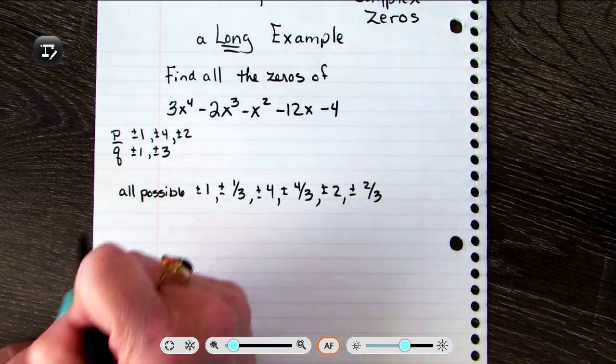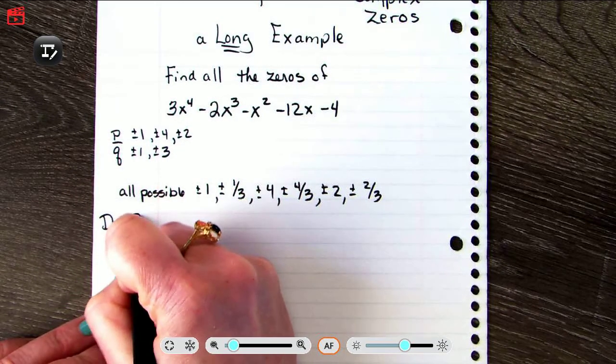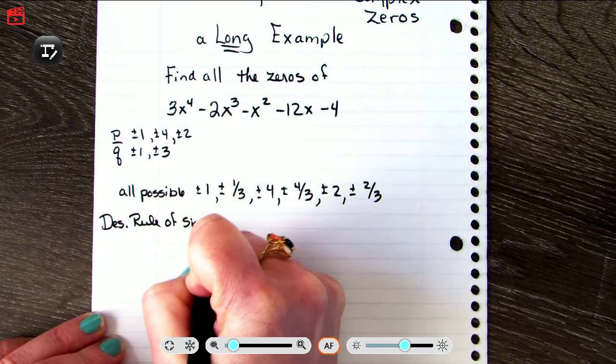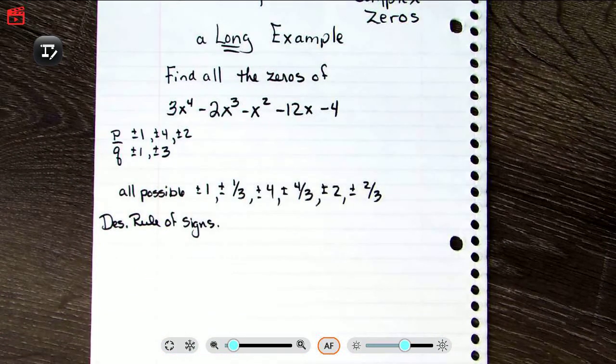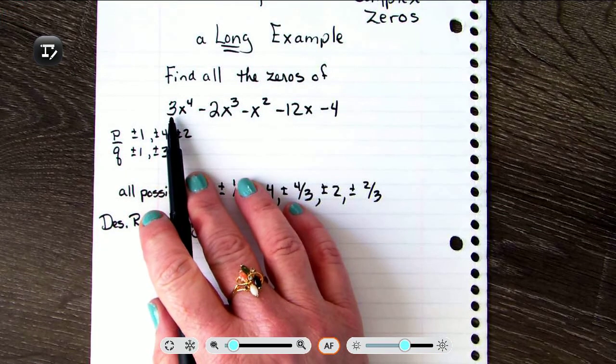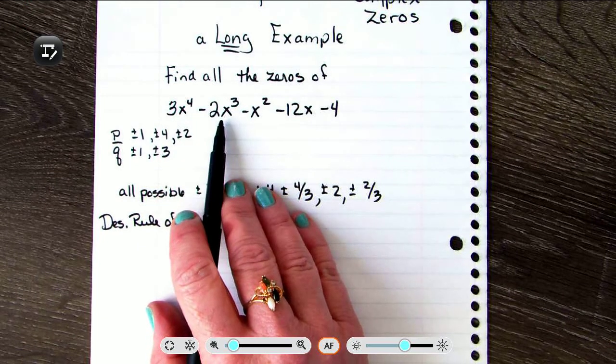Now I'm going to look at, remember, my Descartes' rule of signs. Looking at my original polynomial, you'll notice that it started out positive and then it went negative, and then it stayed negative.